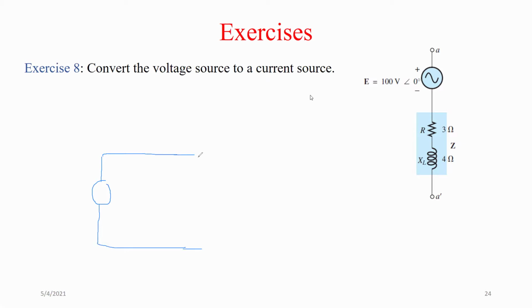Now the first thing is that the parallel impedance is basically the same as the series impedance of the voltage source. This is the terminal A, because it's an equivalent circuit, so the terminal names are the same, the labels are the same.